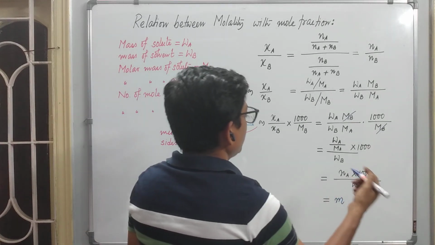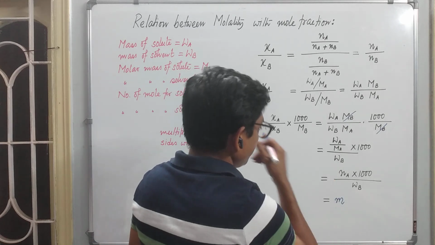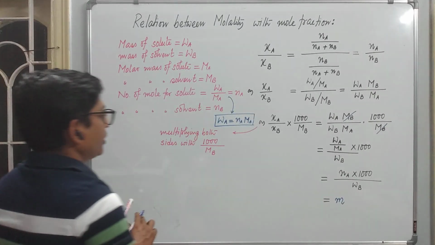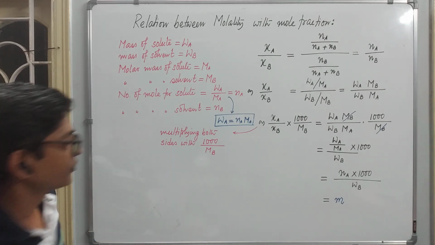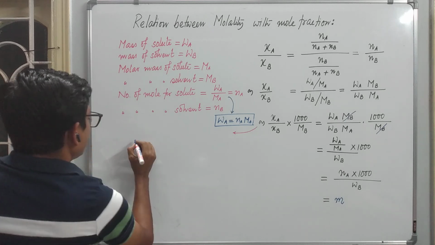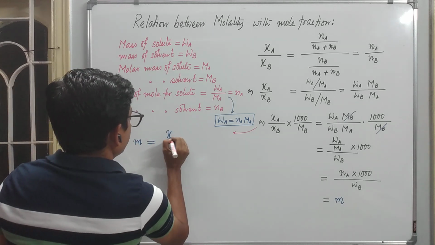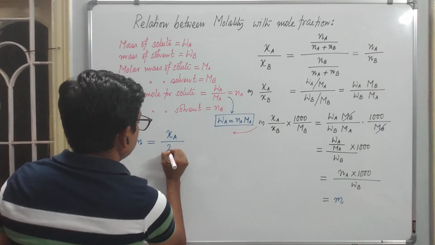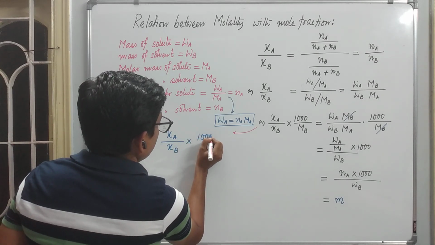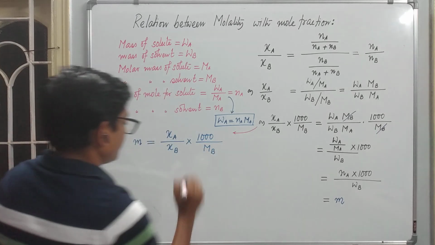So if you want to simplify it further, you can keep it like this. Otherwise, if you want, you can simplify it a little bit more. How? Let me use this side. So what can we write? We can write molal is equal to mole fraction XA by XB into 1000 by molar mass of the solvent.